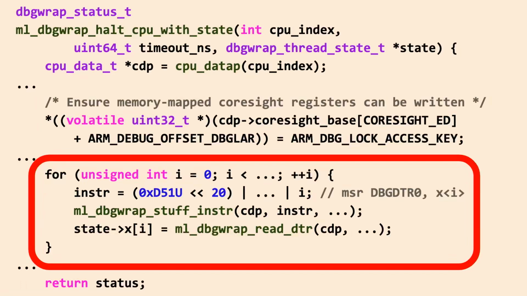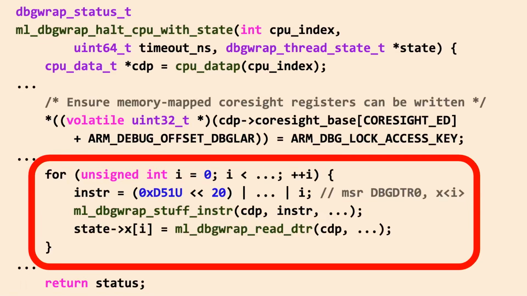What this code does is first generate the numerical opcode for the instruction which writes the value of general purpose register xi into the special system register DBGDTR. This isn't an instruction which already exists in the kernel cache. It is literally generating the numerical value of the opcode for that instruction.